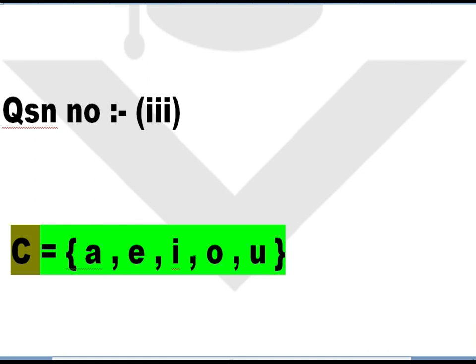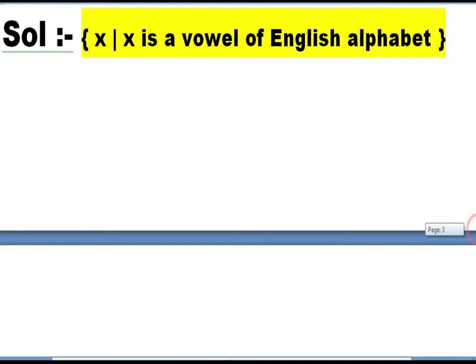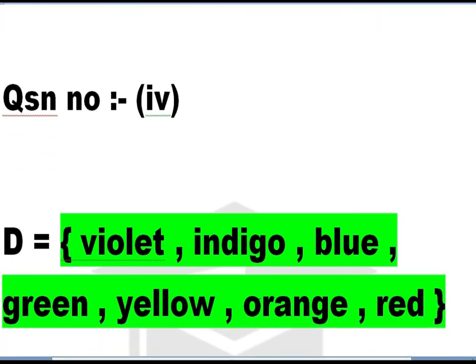English alphabets. And vowels. These are vowels, like A, E, I, O, U. These are the vowels of the English alphabet. So how to write this down? The same: x such that x is a vowel of the English alphabet. Very easy, very simple. Go for next.